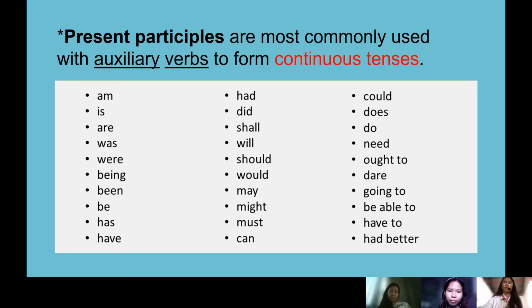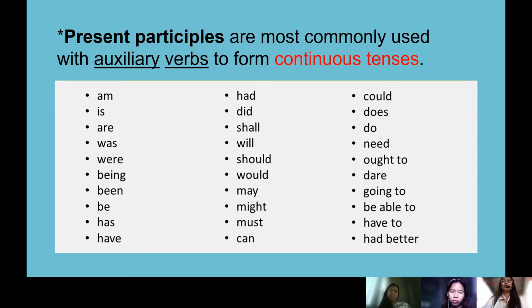These are further examples of it: am, is, are, was, were, being, been, be, has, have, and so on. Again, present participles are used with auxiliary verbs to form continuous tenses.